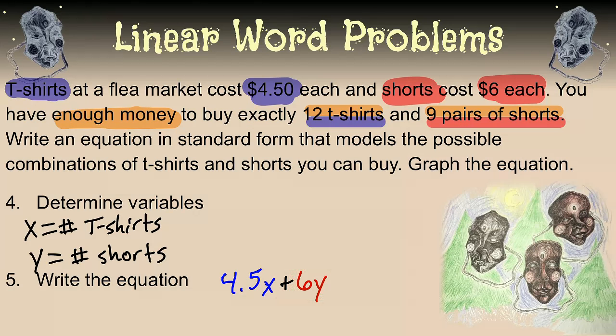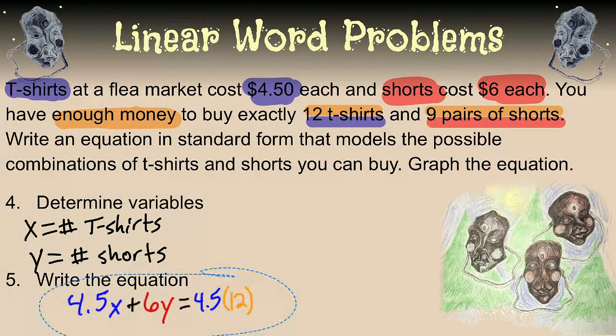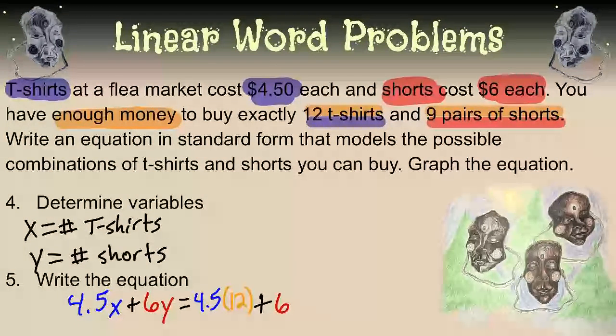And I know that my total is equal to 12 shirts and 9 shorts. So I can say 4.5 times 12 plus 6 times 9.